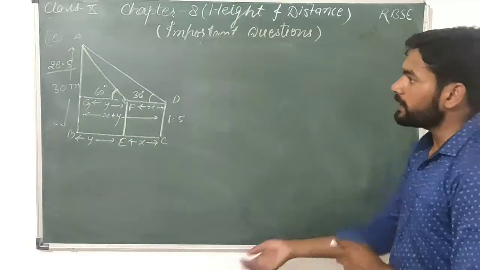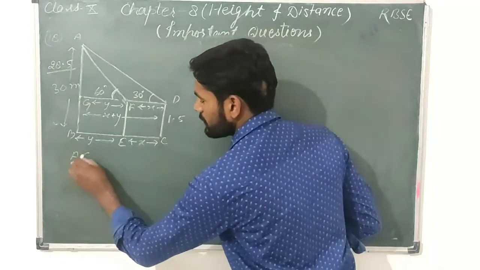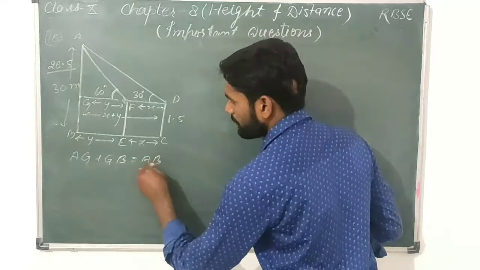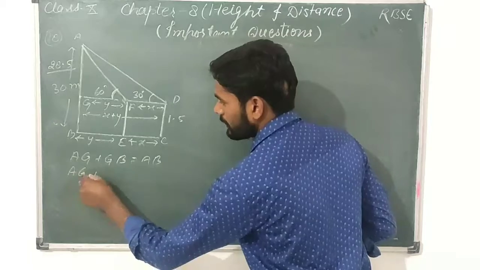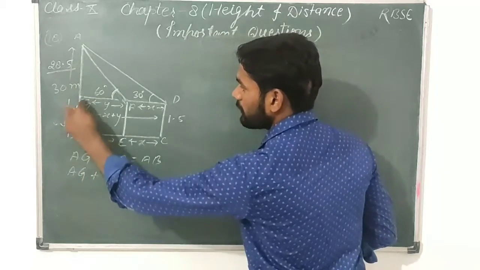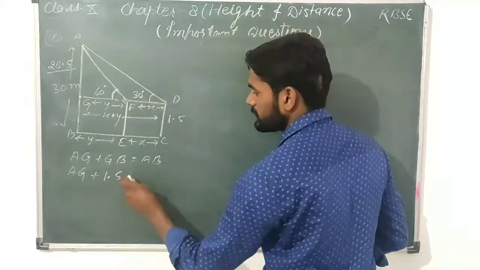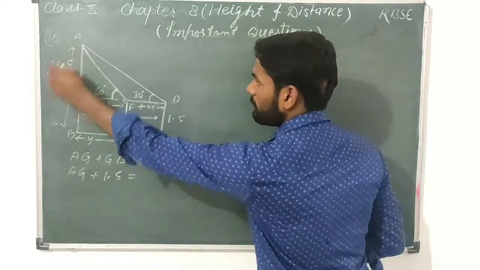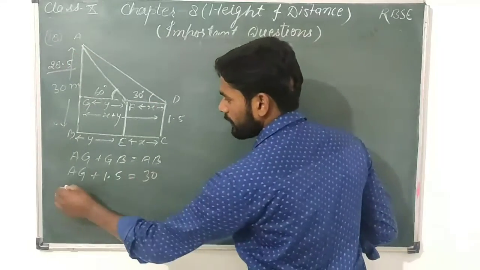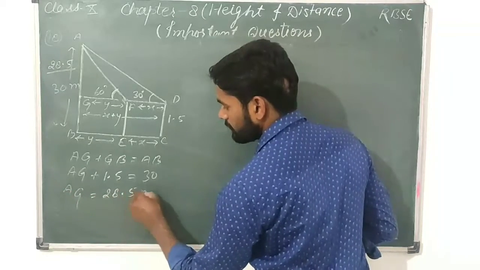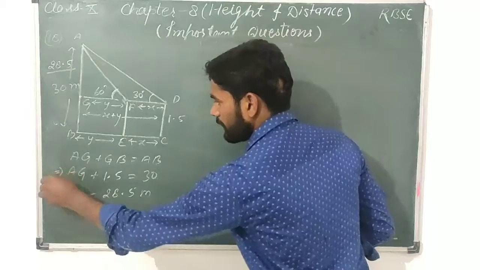I am writing AG plus GB is equal to AB. AG we have to calculate. GB is equal to 1.5 because GB equals CD, and AB is 30. Finally AG is equal to 28.5 meter in this manner.